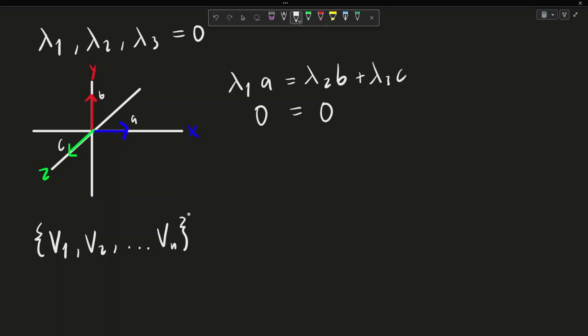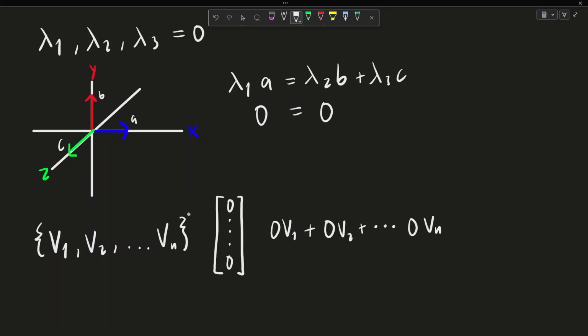So say these are n-dimensional vectors. All of the entries must be 0 when we add them together in a linear combination. And the only way for that to happen in a linearly independent set of vectors is when we multiply v1 times 0 plus v2 times 0 all the way to vn, which will also be multiplied by 0.